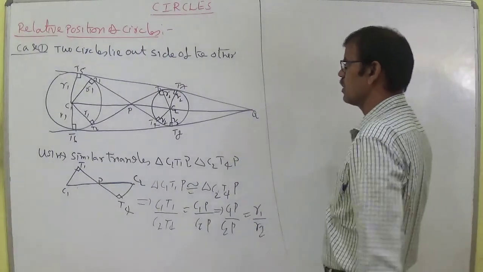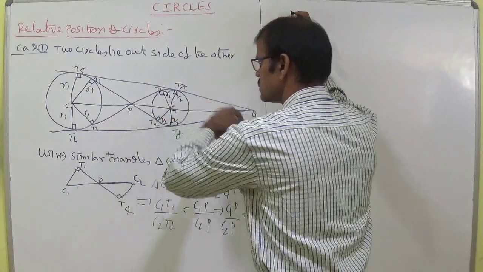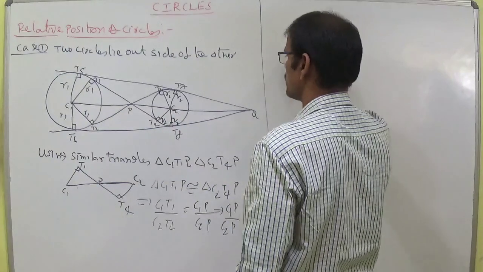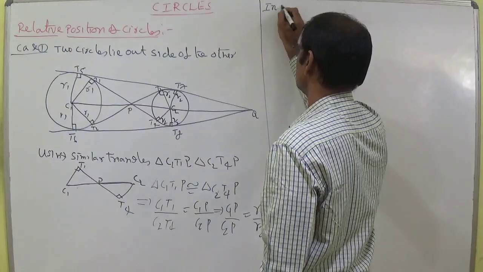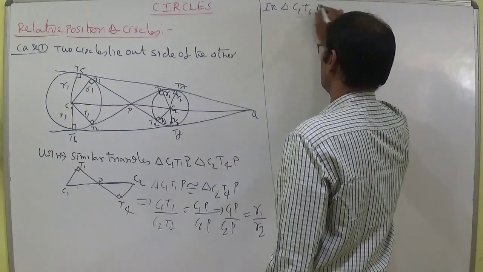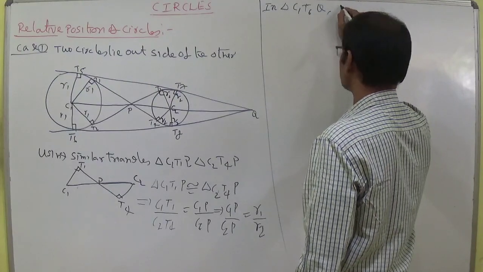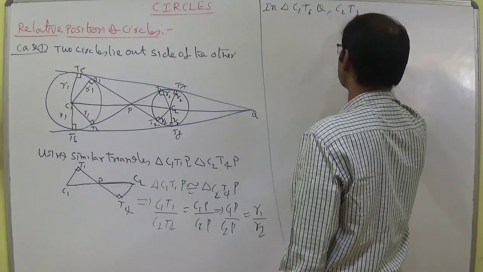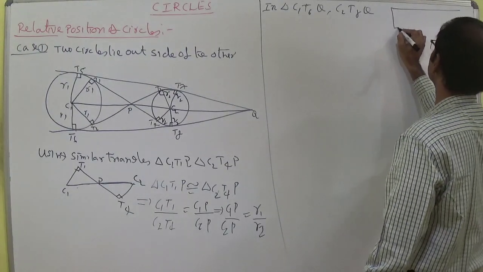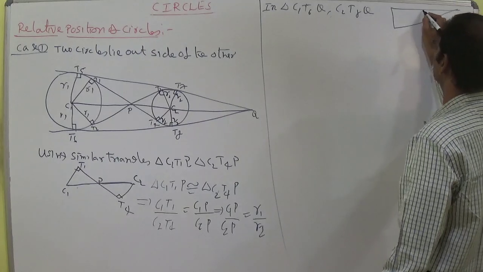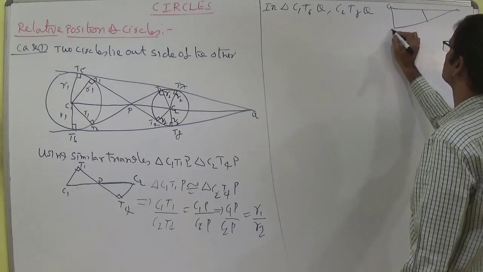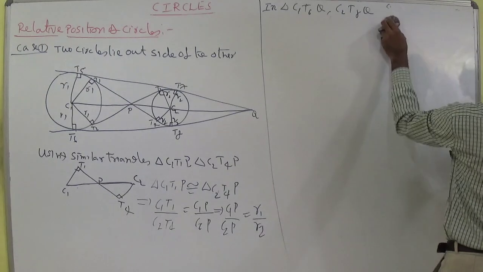In the same model, we can use this large triangle using external tangents C1T6 and C2T8. Once again I am saying, triangle C1T6Q, triangle C2T8Q. Draw the rough diagram like this. So better to draw it in a proper way.